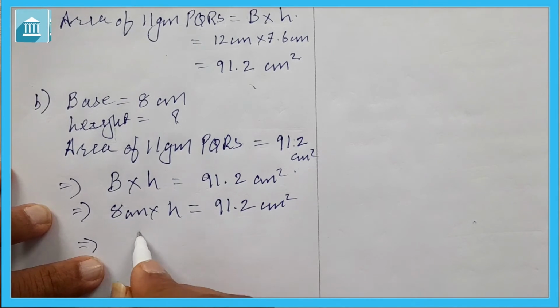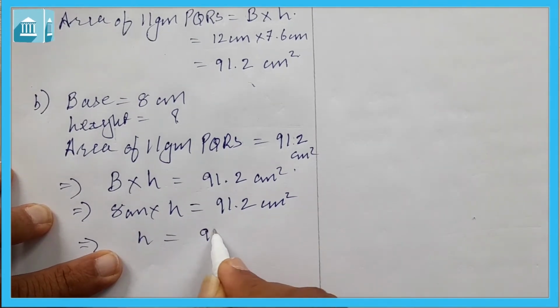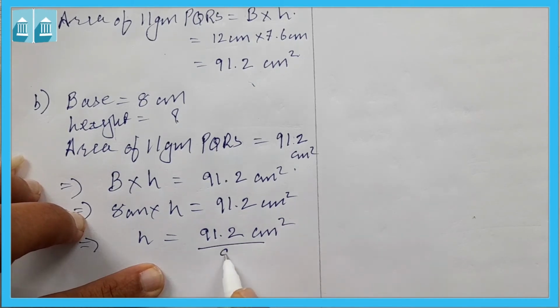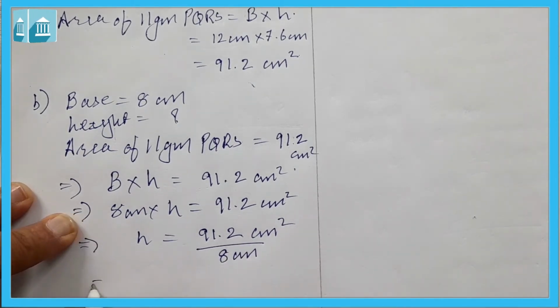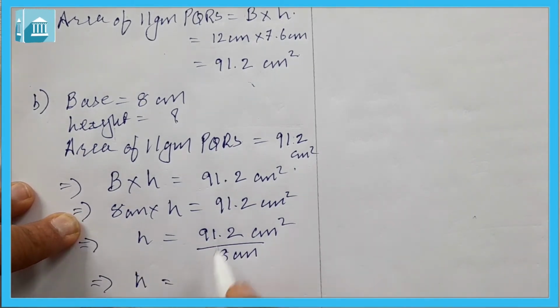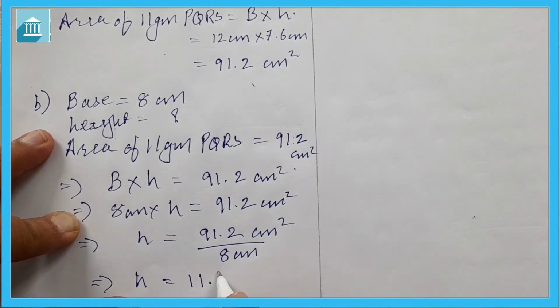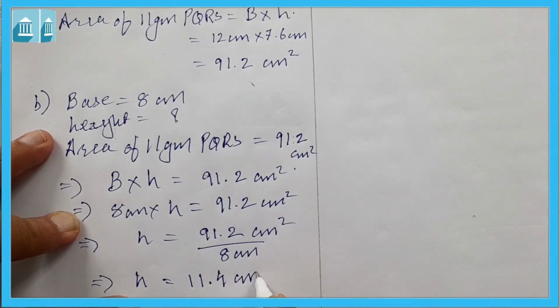So we imply that h is equal to 91.2 centimeter square upon 8 centimeter. We imply that h is equal to, 8 ones are 8, again ones are 8, so 11.4 centimeter.